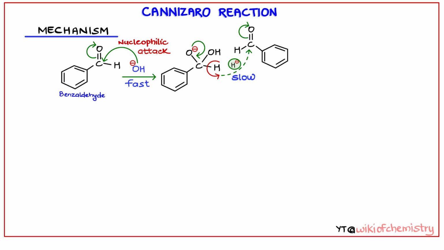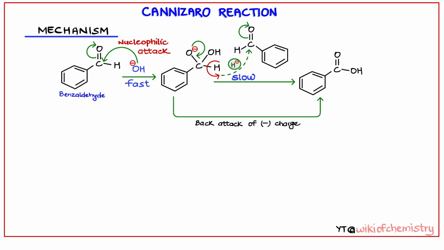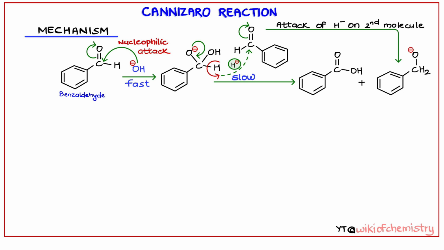determining step. So, after this migration step, we will get carboxylic acid which is formed during the back attack of negative charge on oxygen, and attack of hydride ion on second molecule gives us this anion.